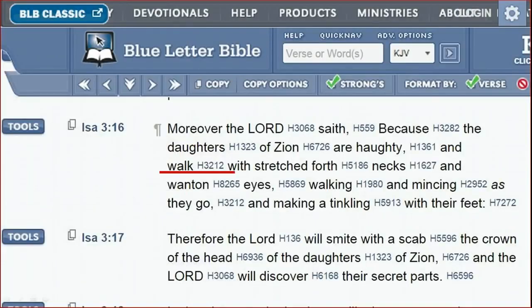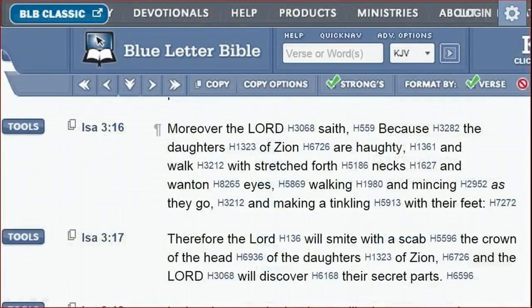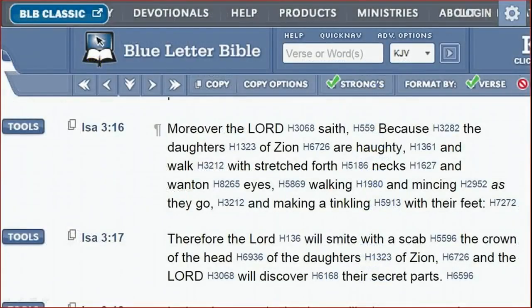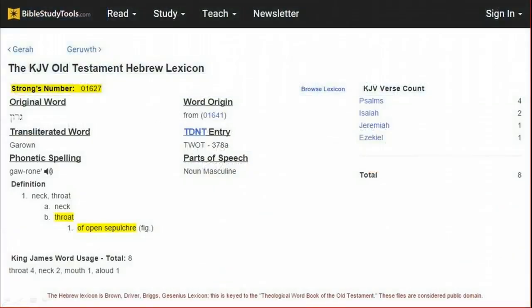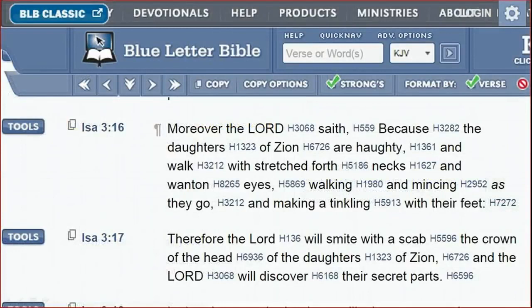Then the word translated as walk, number 3212, means lead. The word translated as with stretched forth, number 5186, means decline. And the word translated as necks, number 1627, means throat of open sepulcher. And a sepulcher is a tomb or a grave. So it says, because the daughter of Zion is arrogant and leads the decline down the throat of an open grave.